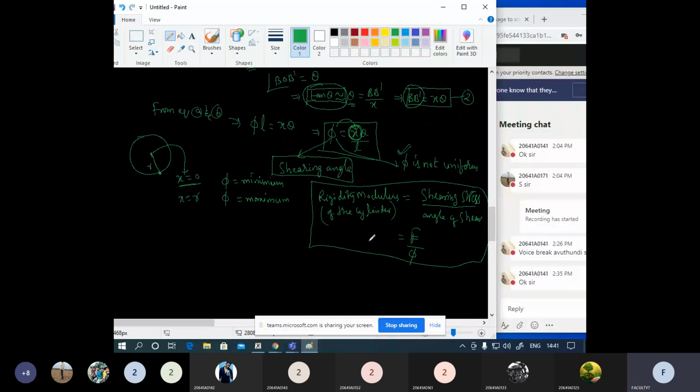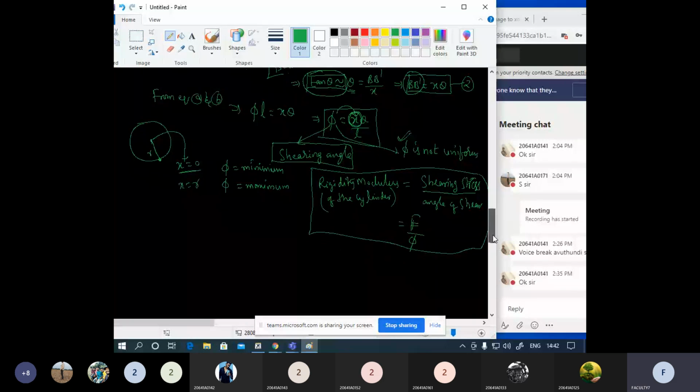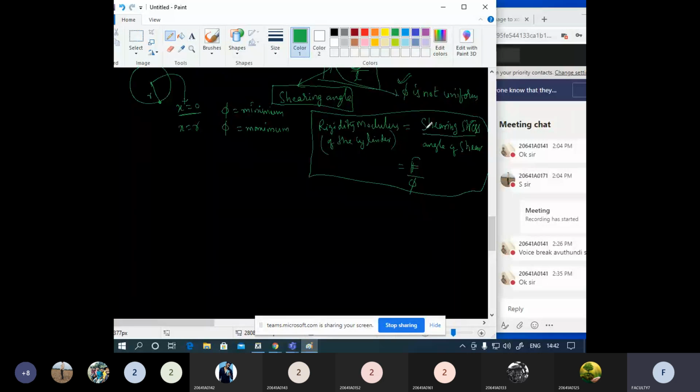There is no area, so you need to consider it as a unit area, A value is 1. F by A means A value is considered as 1. Rigidity modulus is shearing stress by angle of shear, and that will be substituted as F by phi, considering a unit area, so A was substituted as 1.